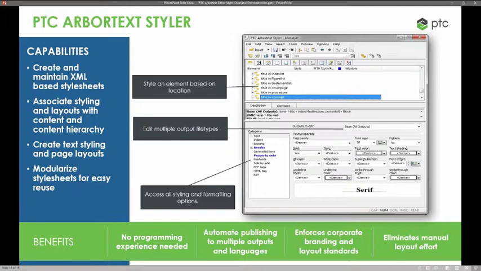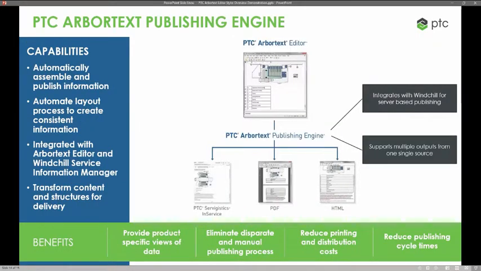I'll just cover two other components that are really the application of the style sheet. The first would be the Arbortext publishing engine, and this is a server-side utility where you would submit XML documents and the publishing engine would marry them with a style sheet and give you back your desired outputs. So that's one way that you could end up with a published document out of Editor, would be to submit it to the publishing engine.